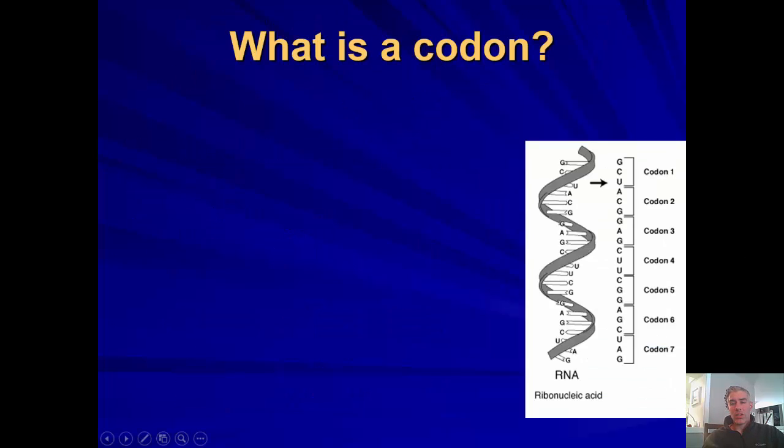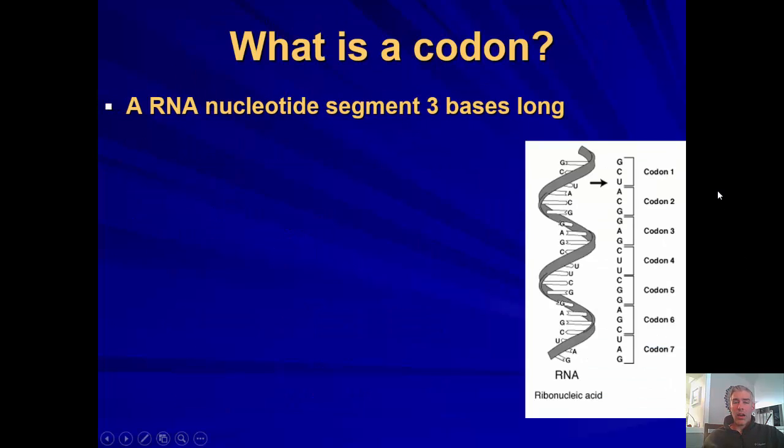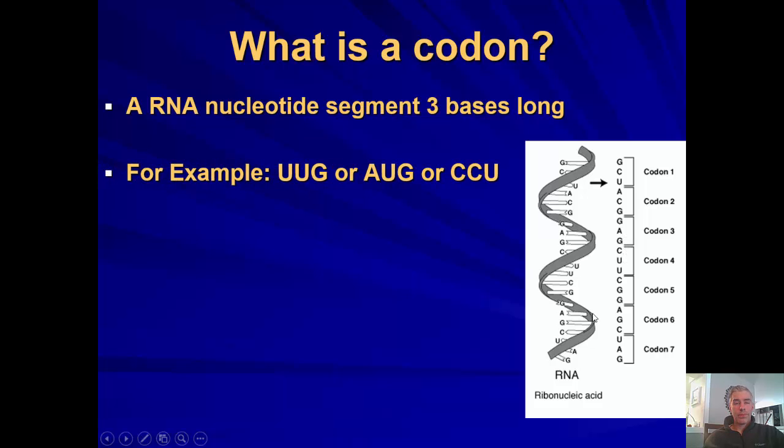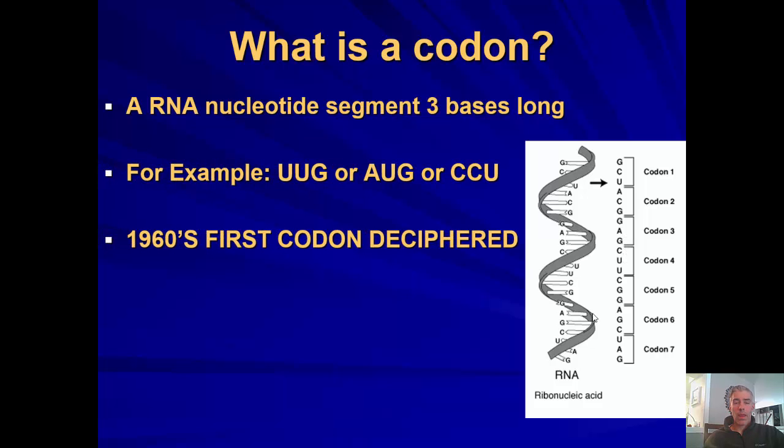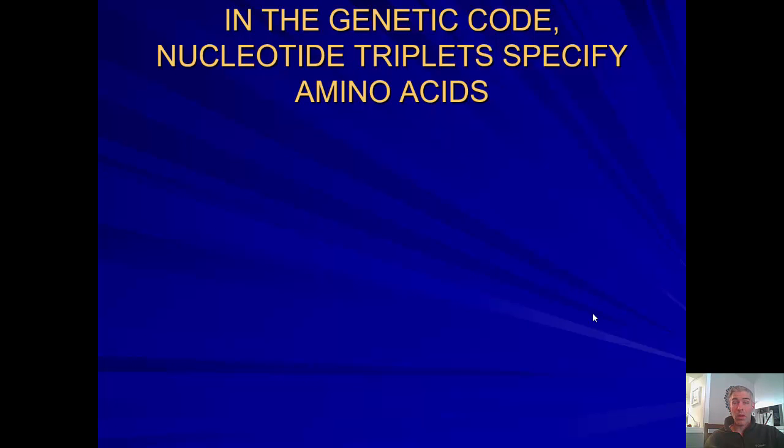So a codon, as you can see here, is an RNA sequence that's 3 bases long, like GCU, ACG, GAG, and they're like words. The first codons were deciphered in the 1960s, not long after the DNA molecule structure was figured out, which is really cool. And the genetic code, which is the language, people confuse this.